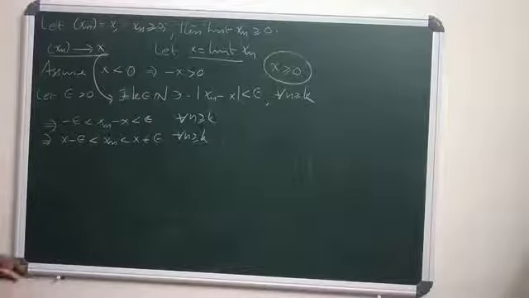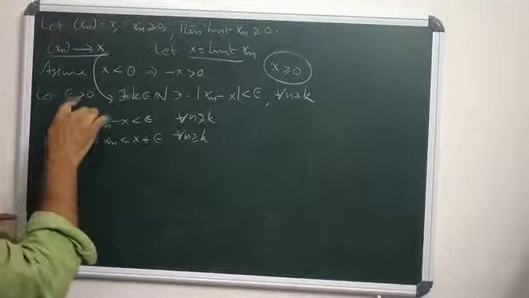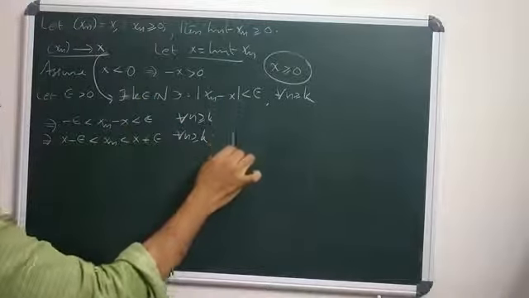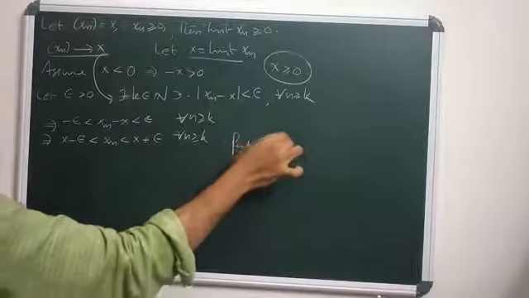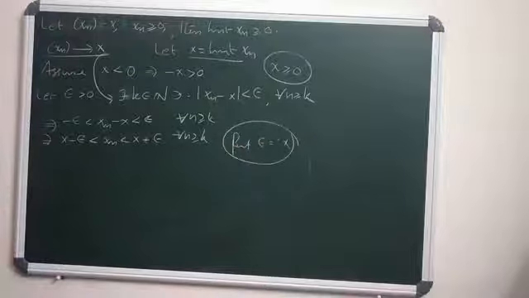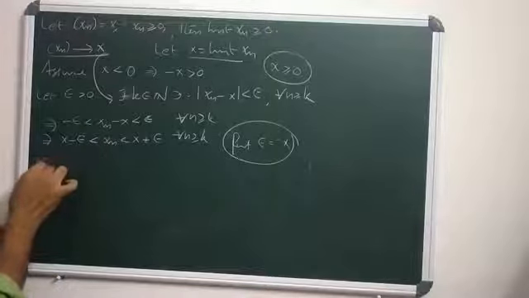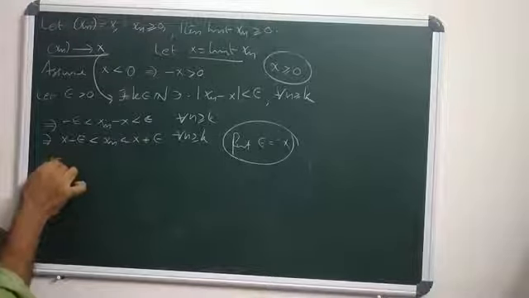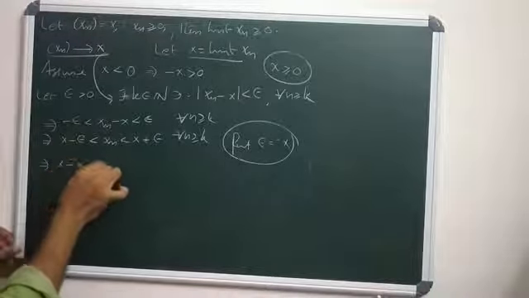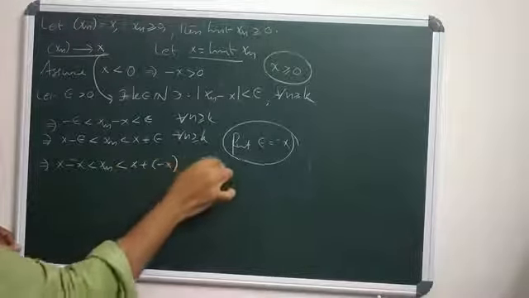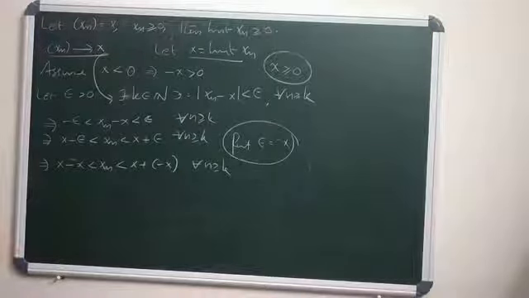But what is epsilon? Epsilon is positive, and minus x is positive. So put epsilon equal to minus x. Then the relation becomes x minus (minus x) less than xn less than x plus (minus x) for all n greater than or equal to k.